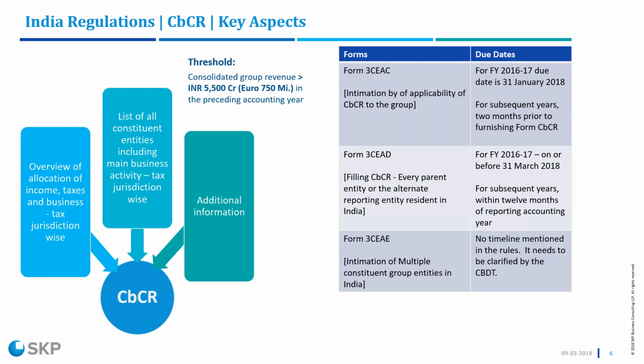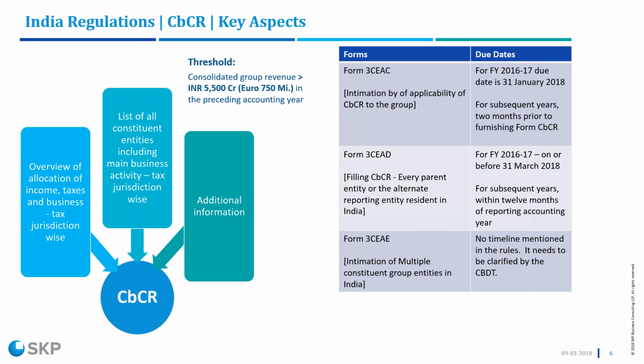From an Indian perspective, the country by country report will kick in only when there is an Indian ultimate parent company that is preparing the country by country report, or the group company has designated the Indian company to be the subordinate entity to prepare the country by country report.